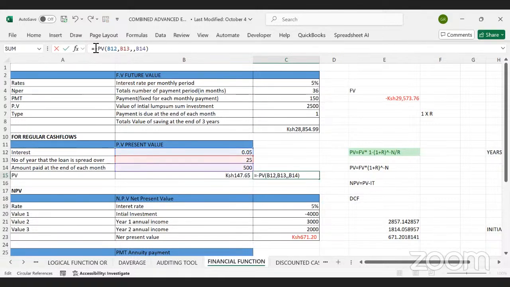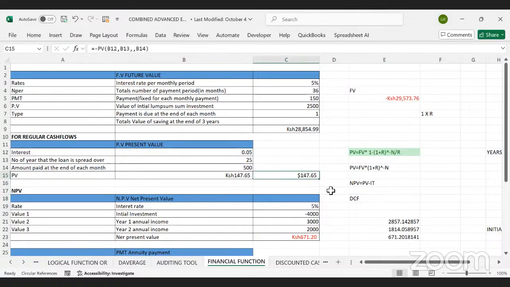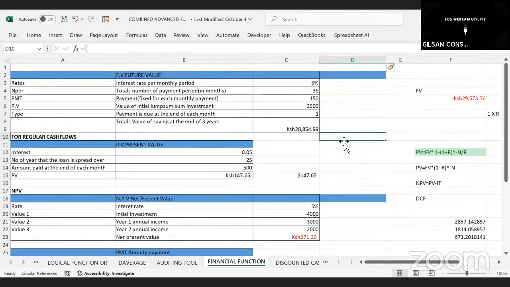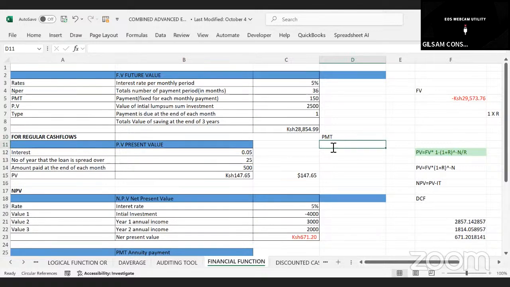Even I was confused. Last time, you used divide by 12 when finding your PMT payment. Remember the payment, we were looking for the monthly payment, right? Yes. And we had been given the rate per annum. Yes. So we were dividing by 12 so that you can get it monthly.